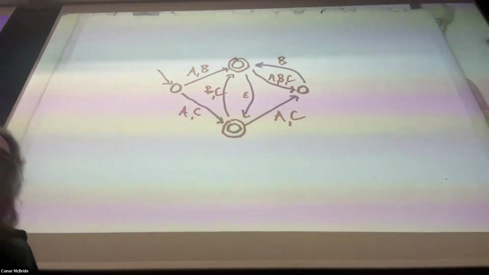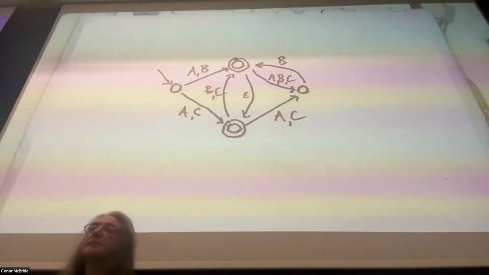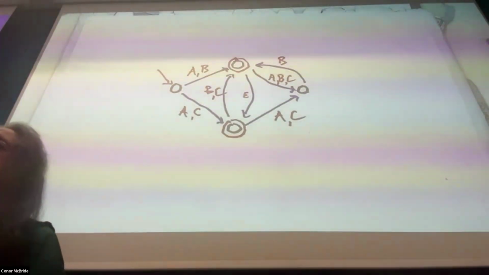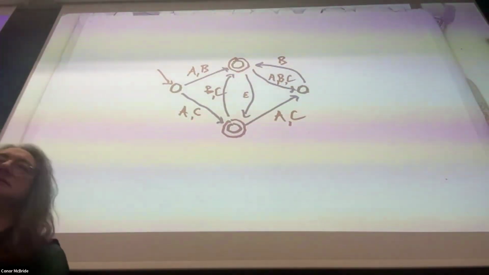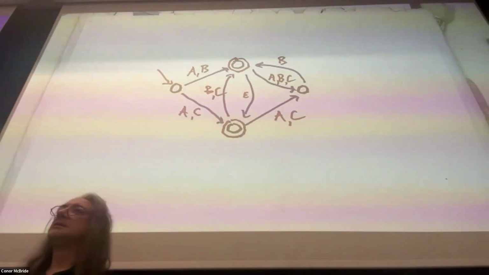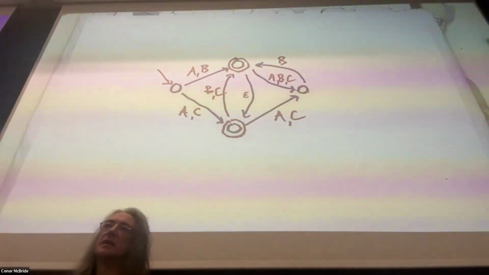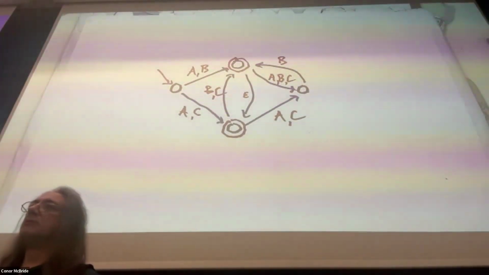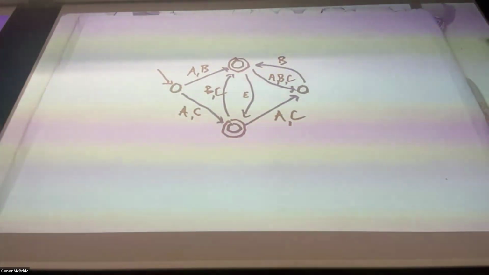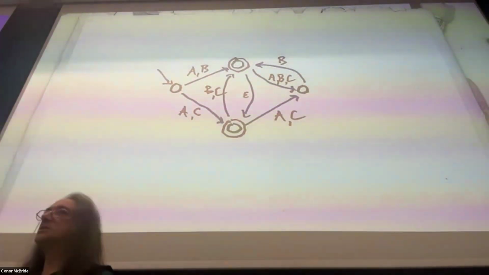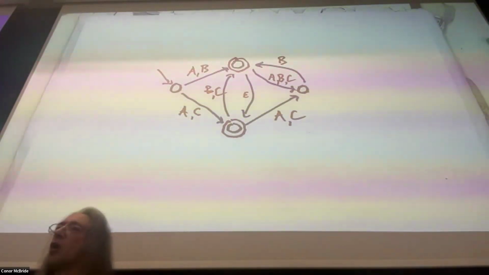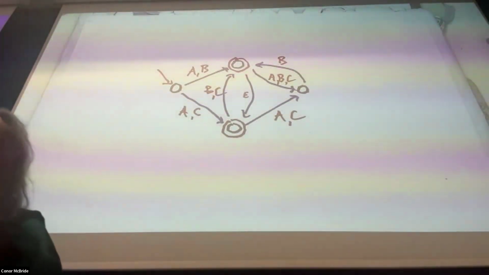I'm thinking of epsilon standing for empty, because it's taking in the empty string and then it moves. Yes, so it's eating the empty string, which leaves the input as it was. So you're allowed to give multiple possibilities for what to do when eating zero or one input.